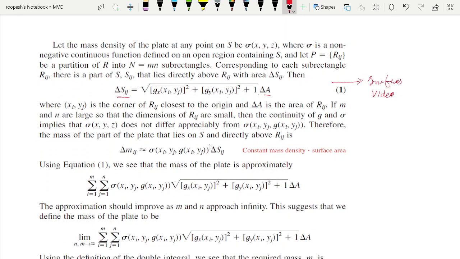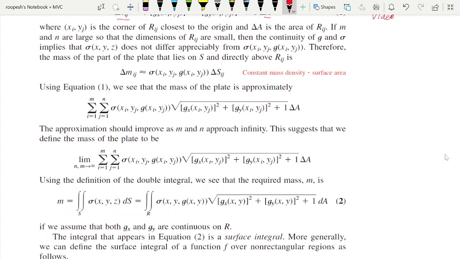Now we can say that the mass of this is approximately equal to the density function times this volume. Next we will sum it all together to get the entire mass. This is only an approximation, so to get a better approximation, we let m and n tend to infinity.